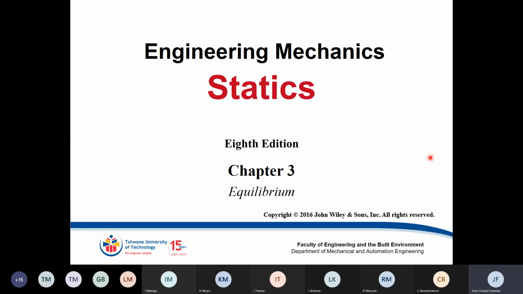Right. I would like to emphasize something, just to make sure we are all on the same page. All these slides, what we've gone through and what's still to come, are based on the 8th edition. The numbering of problems which we'll be using in the process are also based on the 8th edition.